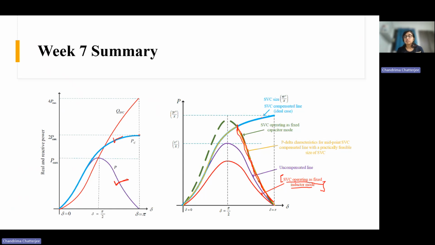Okay. So you see, we can still get a power which is higher than P max, right? Higher than this point, but it is not exactly twice, but higher than P max. Okay.